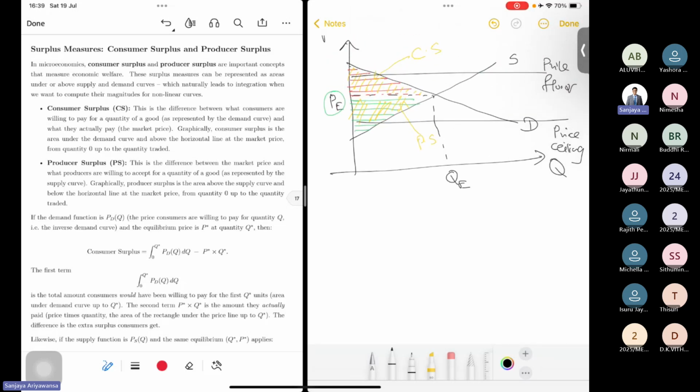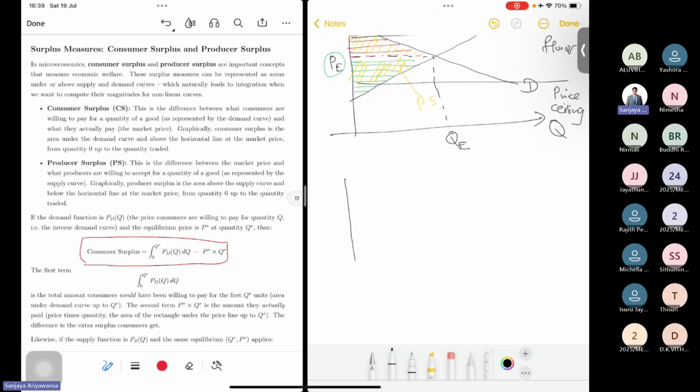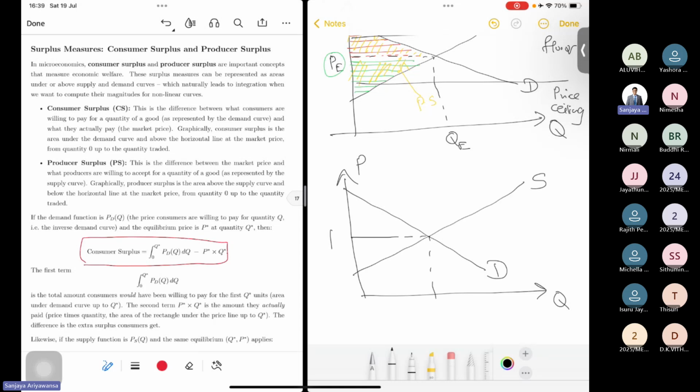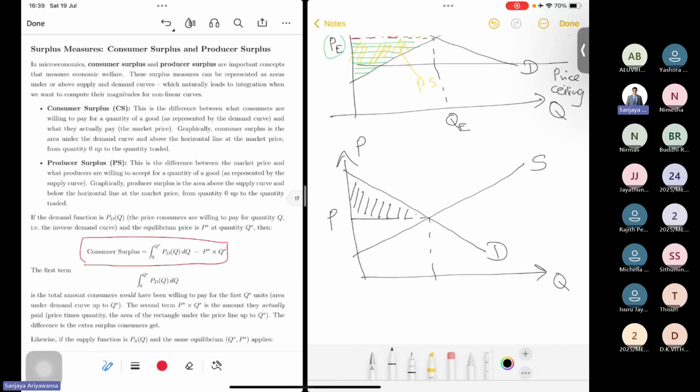That's one of the use cases of integration, and that's where I say consumer surplus over here. So consumer surplus, if I were to draw this again, price, your demand function and your supply function and your market clearing price, consumer surplus is this part, right? So how do I do that?